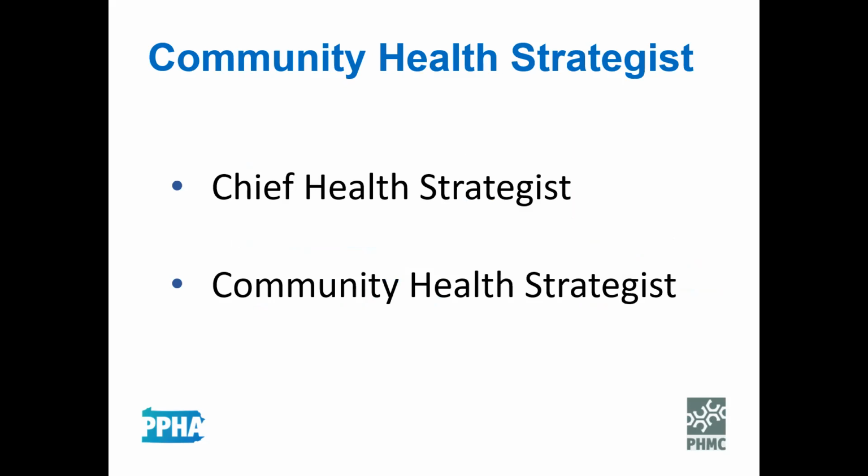Many felt that the word chief could be viewed by community members as controlling, even arrogant. The term community health strategist more accurately communicates and reflects the intention of promoting partnerships and mobilizing community assets. NACCHO, for example, uses community health strategist, and we will use community health strategist in this webinar.